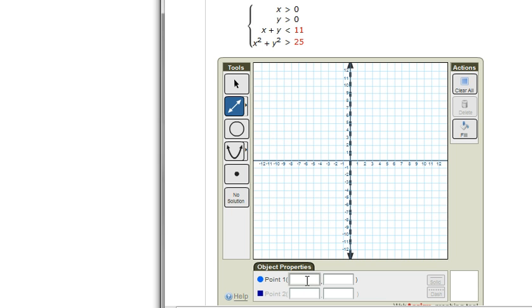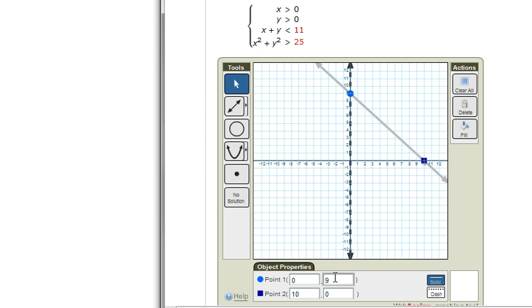I'll use 0, 0 again. And this time 10, 0. Whoops, oh, I did not get 0, 0 there.